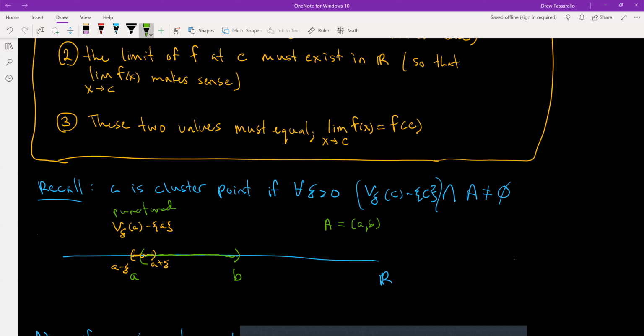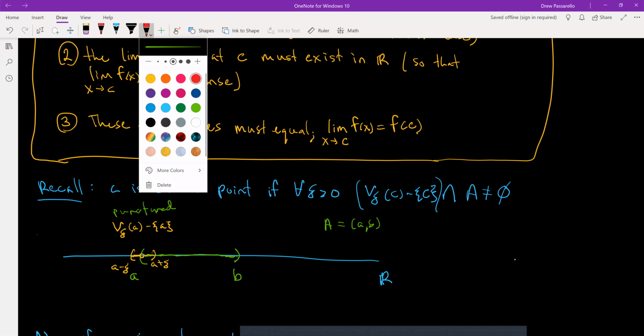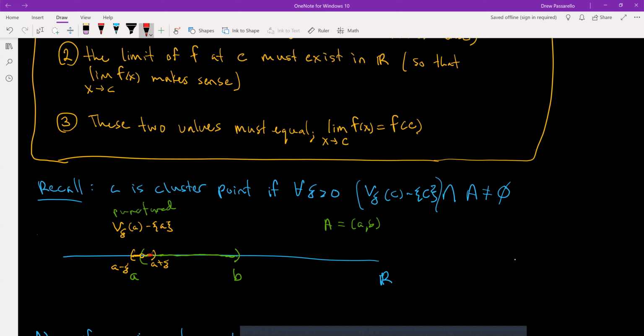Namely, these guys right here are members of set A.